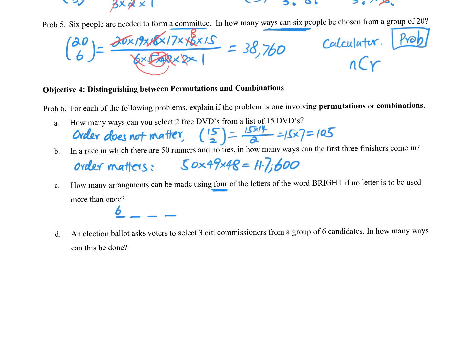And then the second one, 1 letter is gone, so you have 5 to choose from, the third one you have 4 to choose from, and the last one you have 3 to choose from. So it's going to be 360, because this is 30, this is 12, so 360.